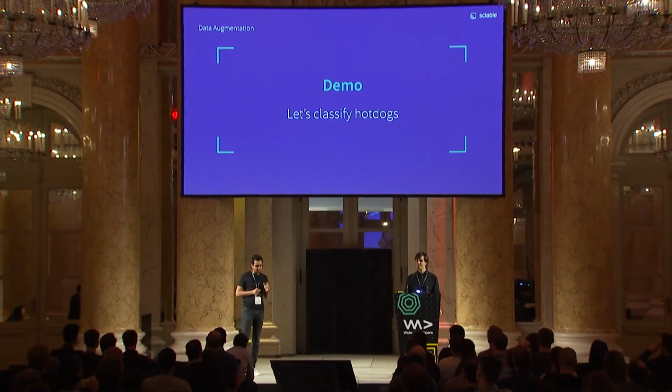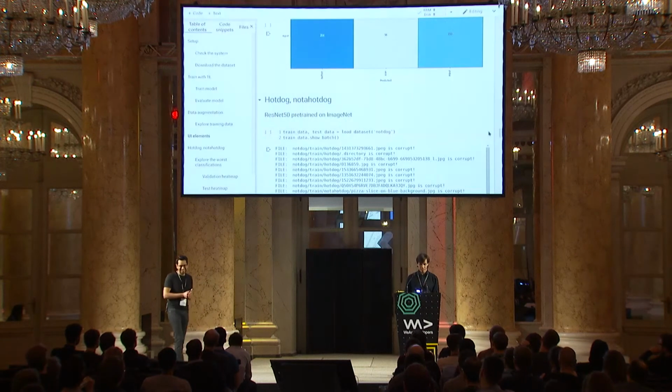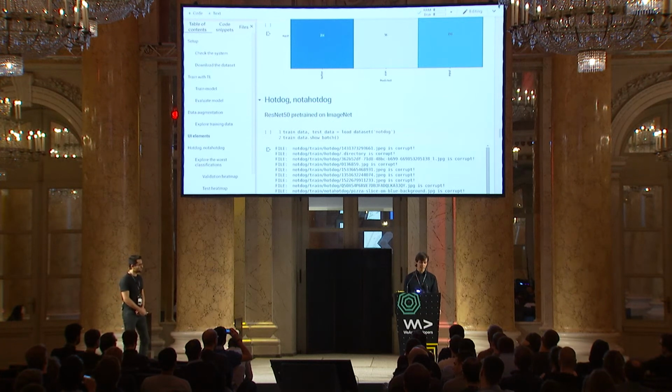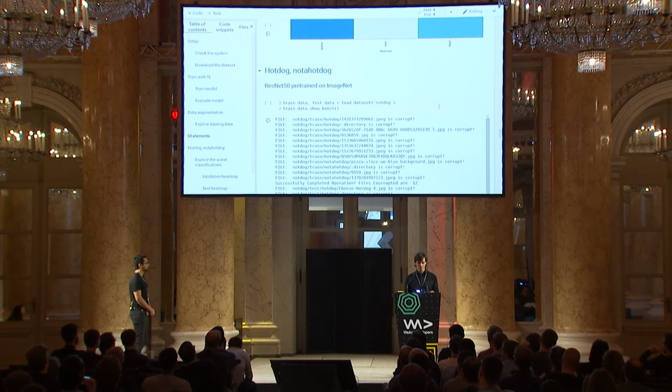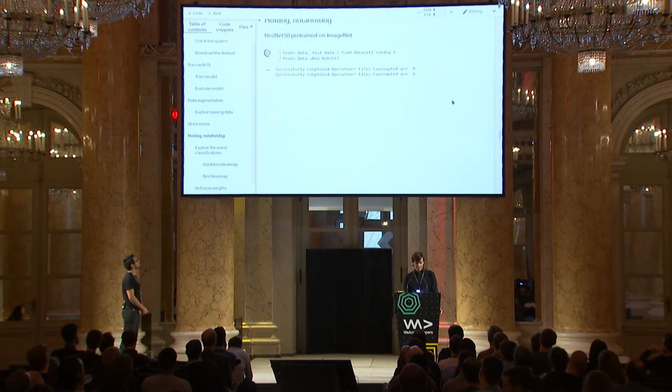Okay, so we have another demo. Let's classify hot dogs, because this is the most interesting thing. Apparently, I've read somewhere that just classifying hot dogs is enough for a successful startup these days. So at least to get to a Series B, right? So let's do a small proof of concept of classifying hot dogs. Let's load our data set and look at it.